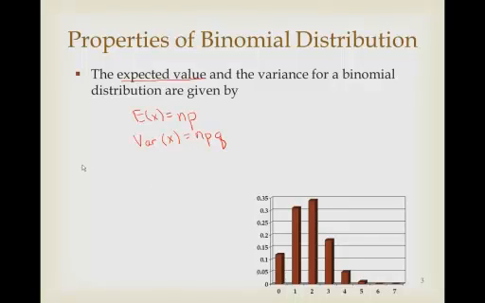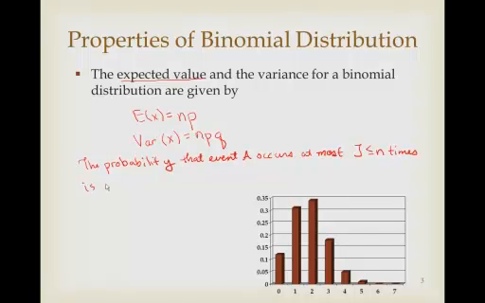Now, we can also figure out the probability that event A occurs at most some j times out of the total number of n trials. This is a cumulative distribution function. So really what we're saying is, say we have 0, 1, 2, so let's say it's 2 or less.